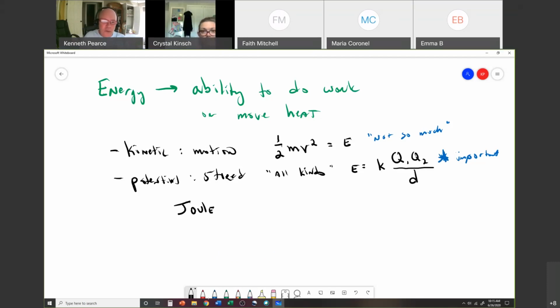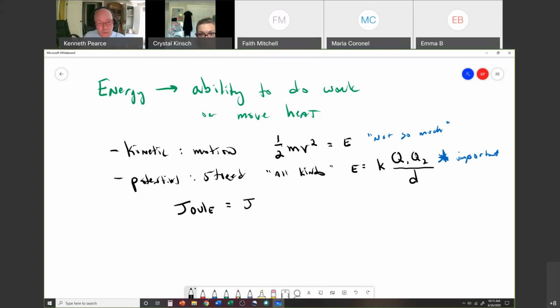It's not important that we know where it comes from. A joule is basically how much energy it takes to accelerate 2 kilograms of mass 1 meter per second per second. Okay, that's what it is. But a joule is a measure of energy. And we're going to call this uppercase letter J.